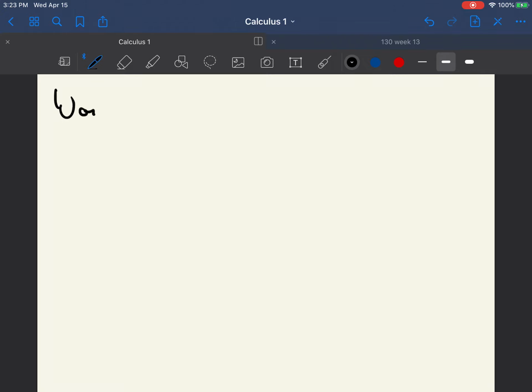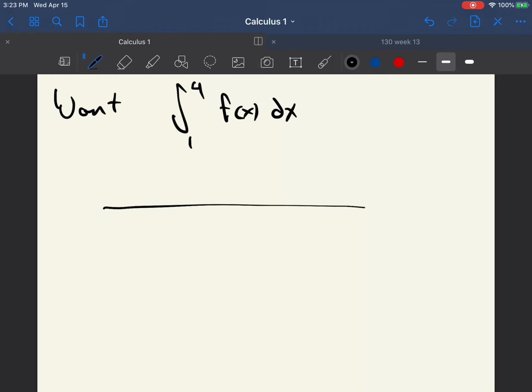So here we want the integral from 1 to 4 of f of x dx. And I like drawing a number line for this to get an idea of what we have and what we want. So we know the integral from 0 to any number, right? So we were given that the integral from 0 to any number a of f of x is given by this formula, 2a squared. Okay, so I know, for example, the integral from 0 to 4, right?